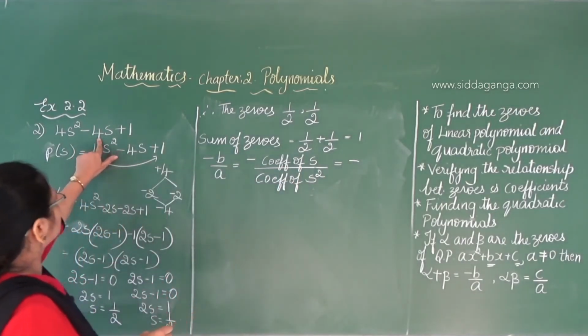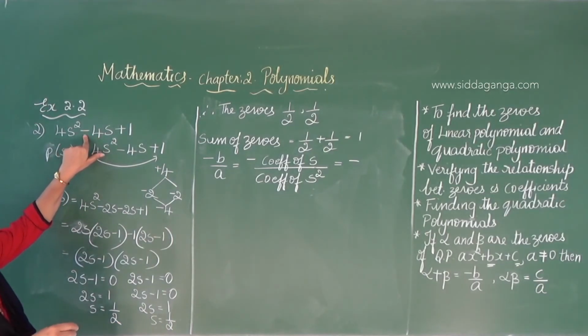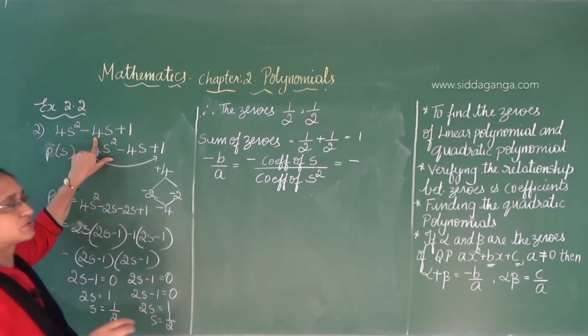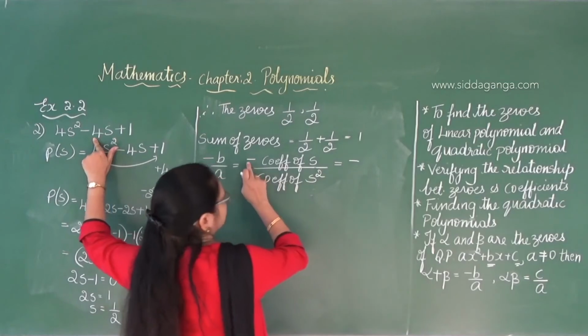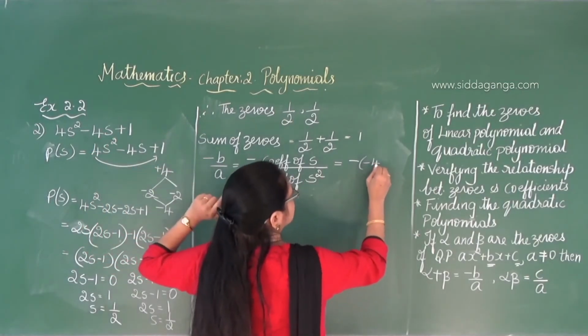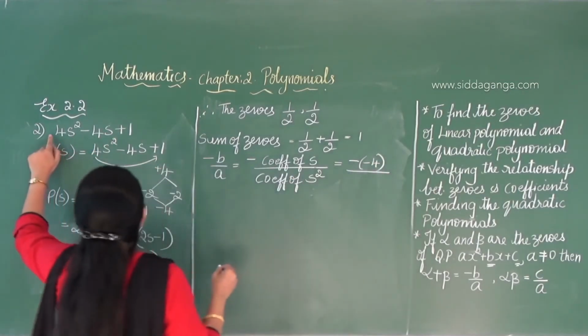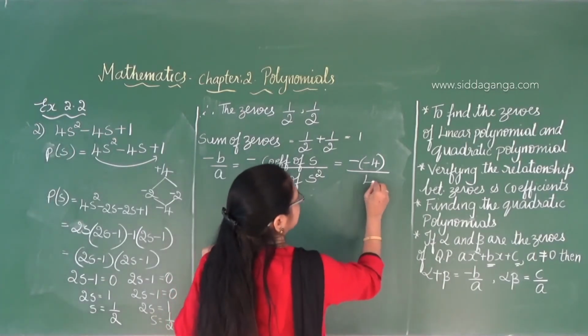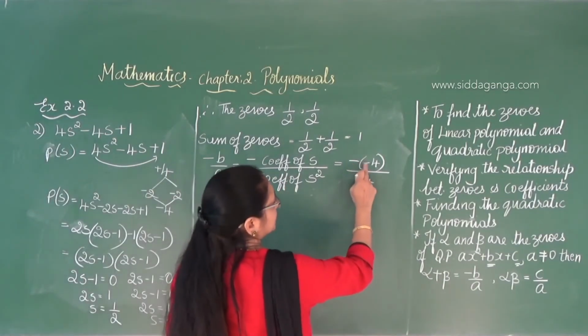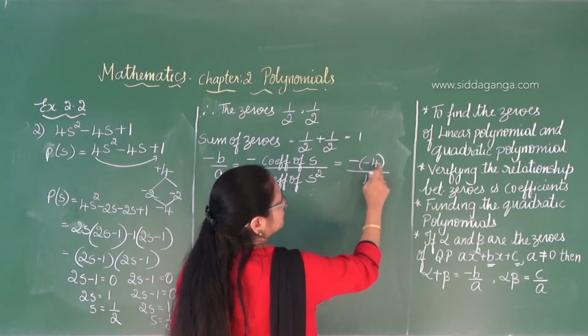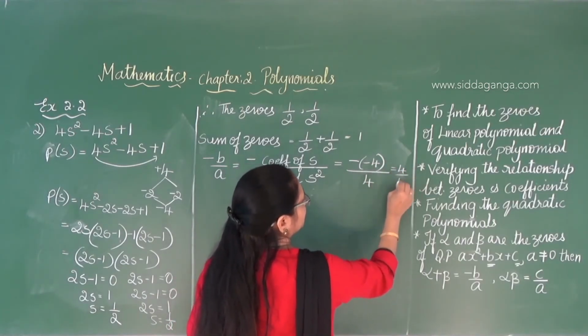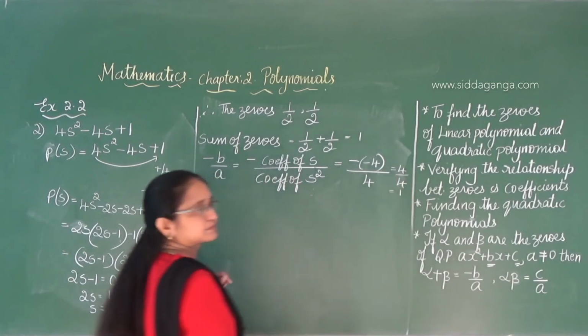Now, minus of coefficient of s. Here coefficient of s is minus 4. So this minus is of the formula, then again minus 4 divided by coefficient of s square, which is 4. Minus into minus is plus, 4 divided by 4 is nothing but 1.